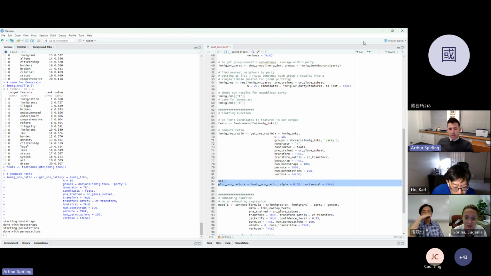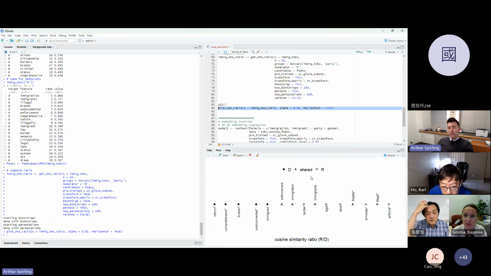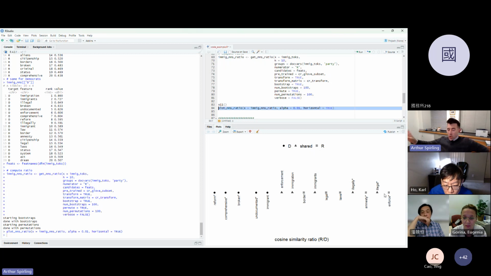And then we'll just plot it. Let's just see if I can plot it. Will it work? Yeah, there you go. Okay, good. So it's telling you that the most Republican words, the ones they use so much more than Democrats do, are enforce, illegal, illegally.